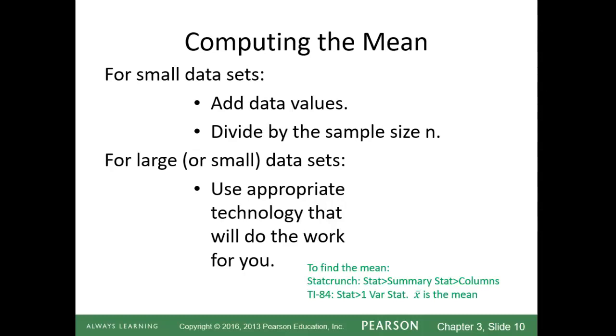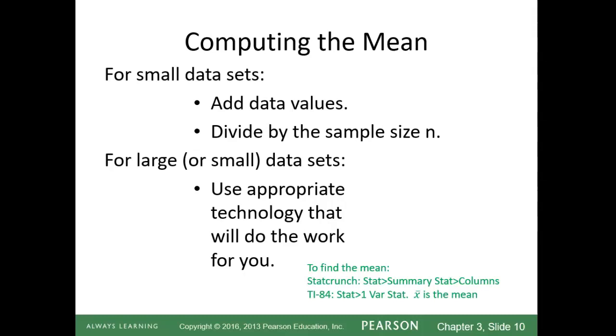And you can do that in a small data set, but in a large data set it becomes very difficult to do the calculation by hand and not make any mistakes. So we use technology to do that. In particular, in this class, we will use StatCrunch. If you've seen the StatCrunch video for Chapter 2, there is a short addendum to that.